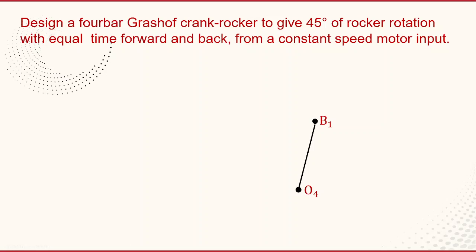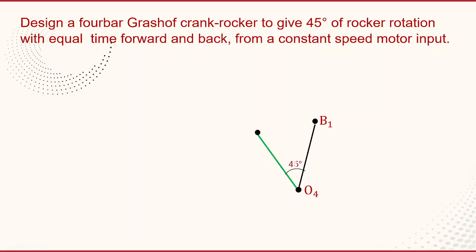It's not mentioned, so we take any angle, but the condition is given as 45 degrees of rocker rotation. Now you can take O4 B1 as a reference. From that you can take a 45 degree angle and draw the other position of this rocker link.